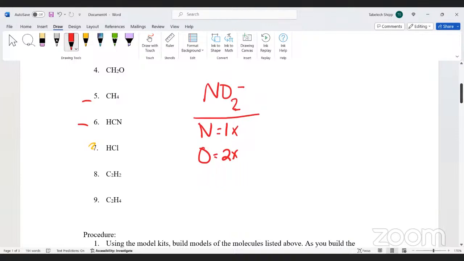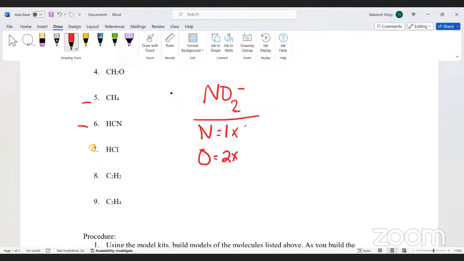You've got nitrogen times 5 valence electrons, and then each oxygen has 6 valence electrons, to give you a total of 12. When you count these up, you get 17 valence electrons.